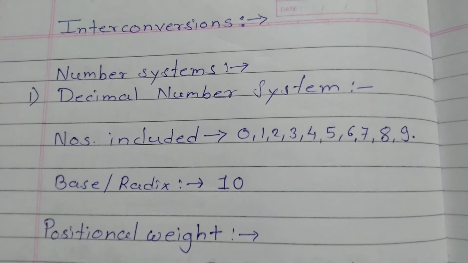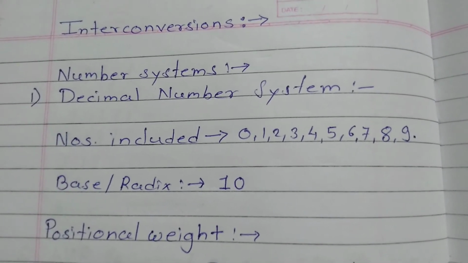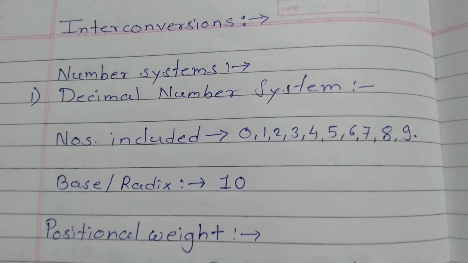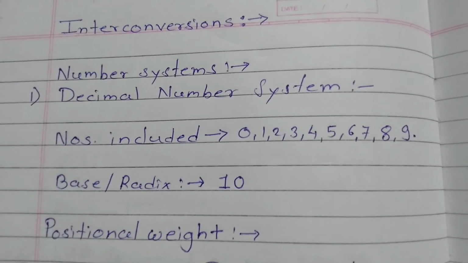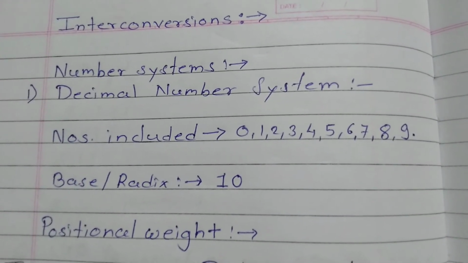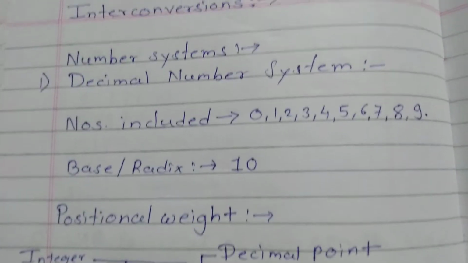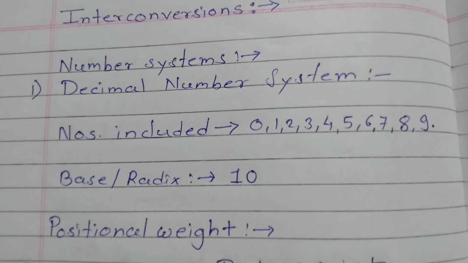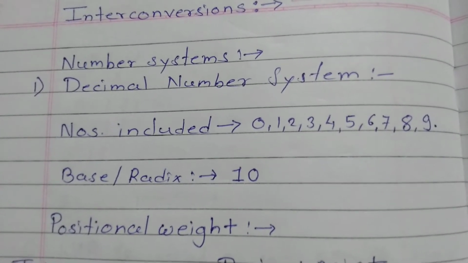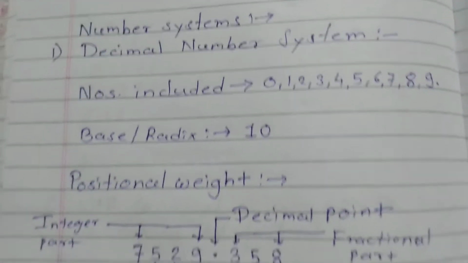That is, a decimal number system consists of the numbers 0, 1, 2, 3, 4, 5, 6, 7, 8 and 9. So if we consider 0 to 9, there are 10 numbers. So we say the base or radix of the decimal number system is 10. Let us understand the positional weight.